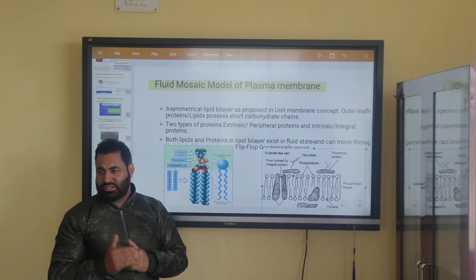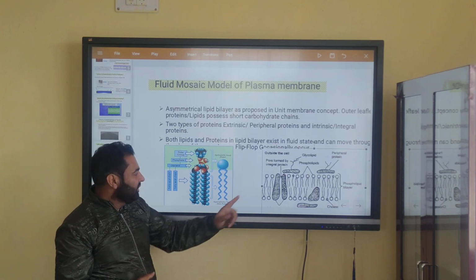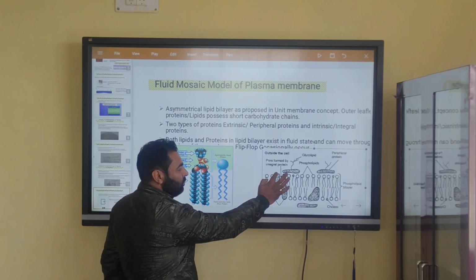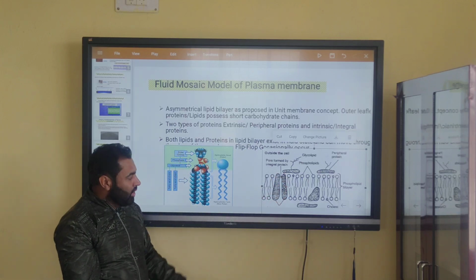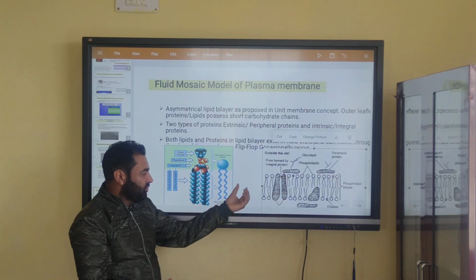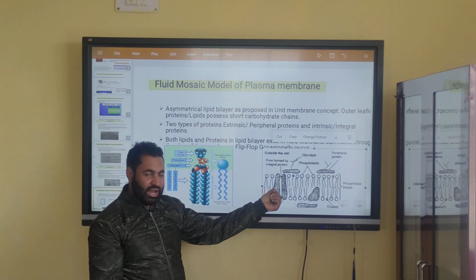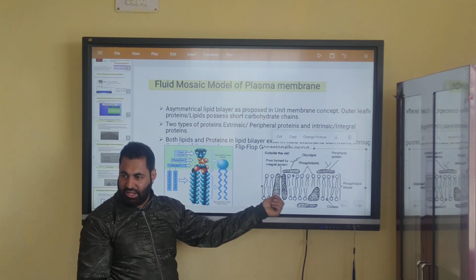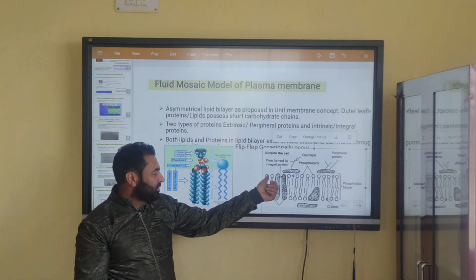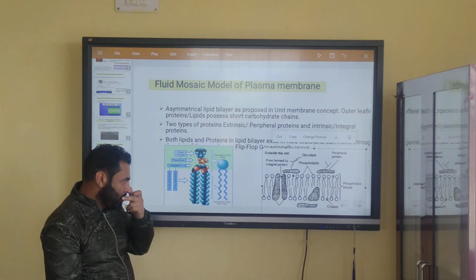These are integral parts of the membrane. They have outer hydrophilic regions, no doubt about that, but they have some regions which are hydrophobic in nature. Those regions interact with the fatty acid chain or hydrocarbon chain of these phospholipids.